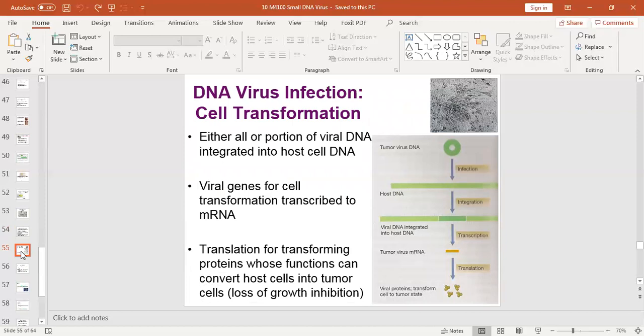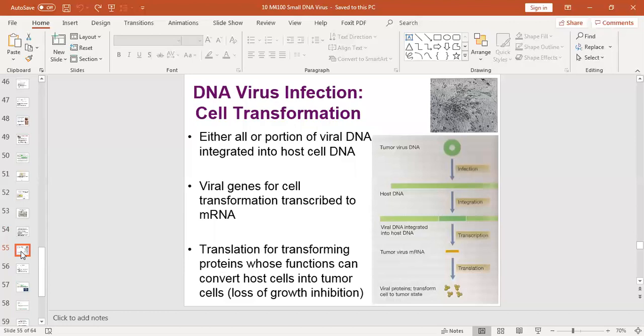So how does a DNA virus infection lead to cellular transformation? On the right, you see a tumor virus DNA that causes infection. Upon infection, it will integrate into host cell DNA, and host cell DNA will undergo transcription.